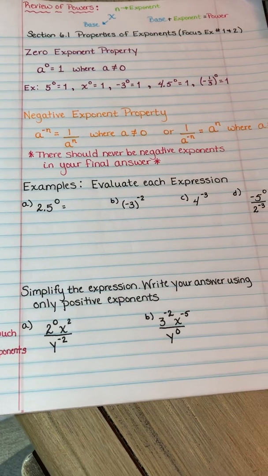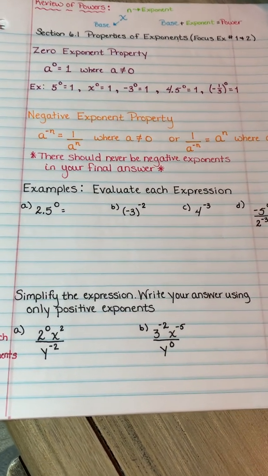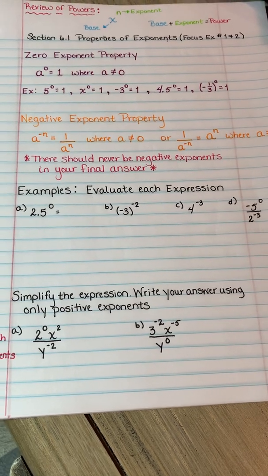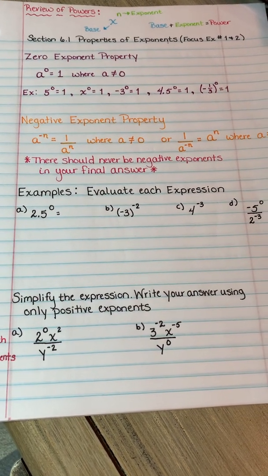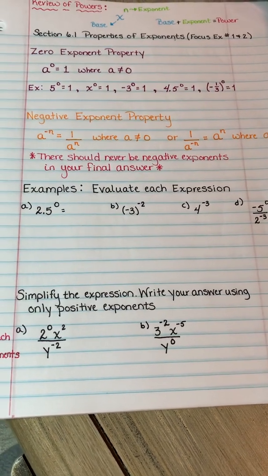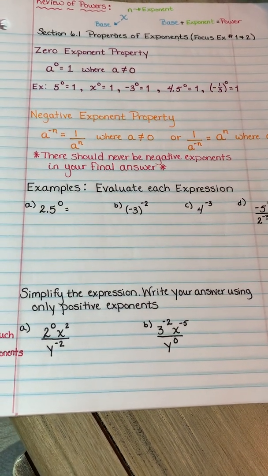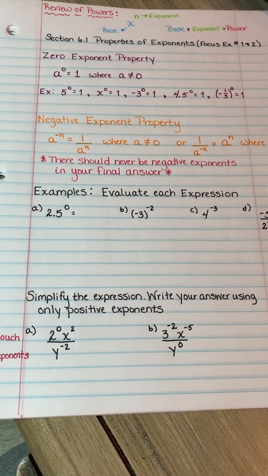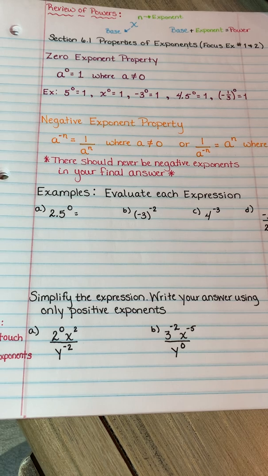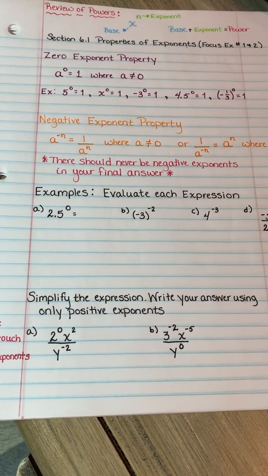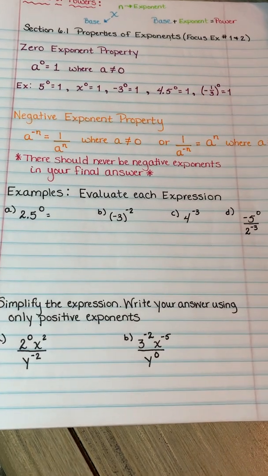So in this section, we're actually going to spend a few days. If I remember correctly, we are going to spend 3 days on this section. Let me double check real quick, you guys. Oops, hold on, sorry. 1, 2, 3, 4 days. 4 days on this section.